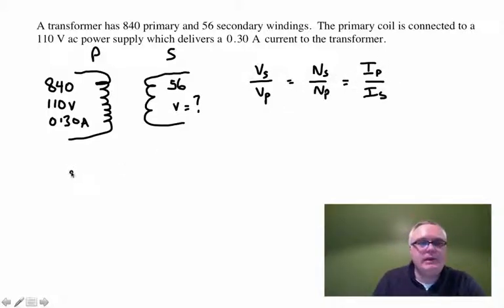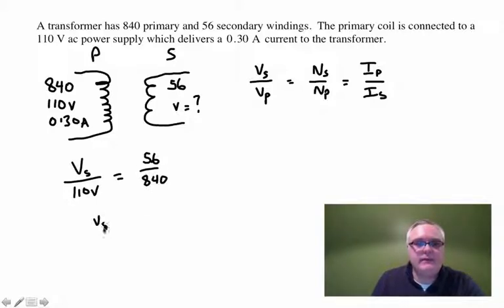So what we know here is that we have voltage and the number of turns. So if we're looking for the voltage in the secondary, all we have to do is look at the ratio of these two sides of the transformer. And we can find that what we have is a decrease in voltage from this side to this side.